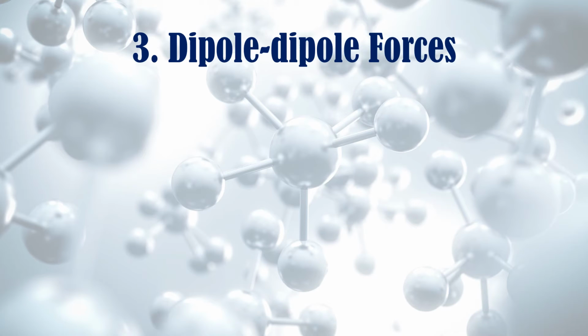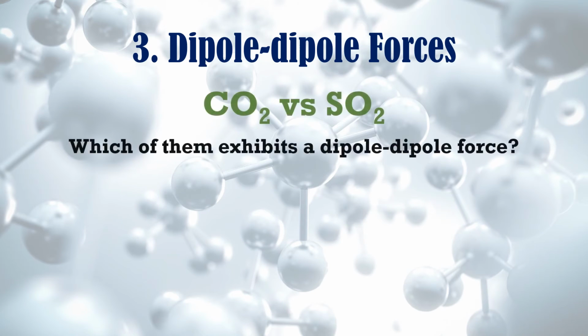So here is an example of a dipole-dipole force. Which of them exhibits a dipole-dipole force? Between carbon dioxide and SO2, which of them has a dipole-dipole force? In order to determine their polarity, we need to draw their Lewis structures. For carbon dioxide, the total number of valence electrons is 16.